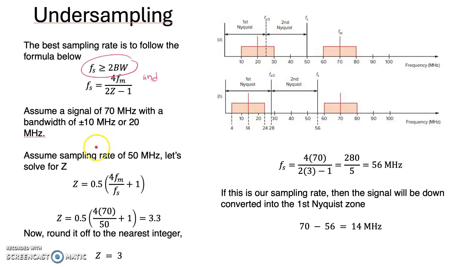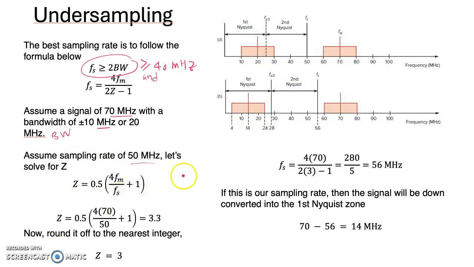So assume a signal of 70 MHz with bandwidth of plus minus 10 MHz, or a 20 MHz bandwidth. So the first condition is 40 MHz. We have fulfilled this because we are using 50 MHz.